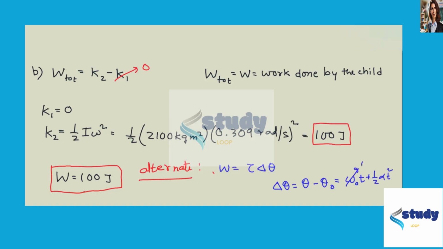The omega naught term is 0 because the initial angular speed is 0. So delta theta is half alpha t squared. We know alpha and we know t, so if we put the numbers in, we will get delta theta. If we multiply delta theta with the torque value, we should get 100 joules as our answer. That's an alternate method you can try to see if it matches this value.